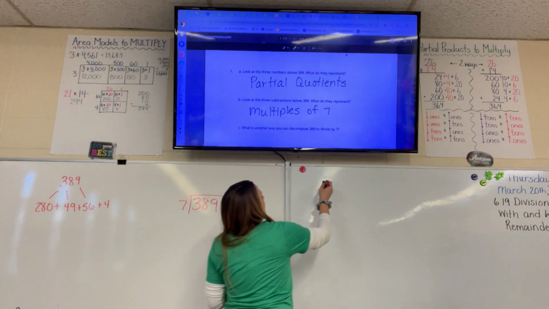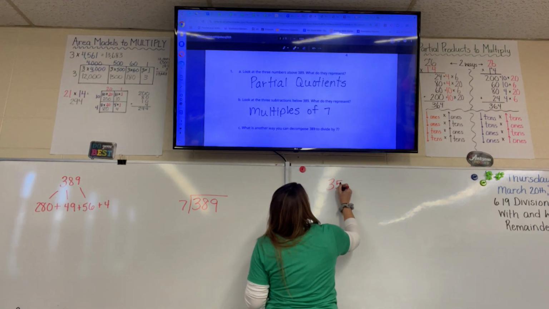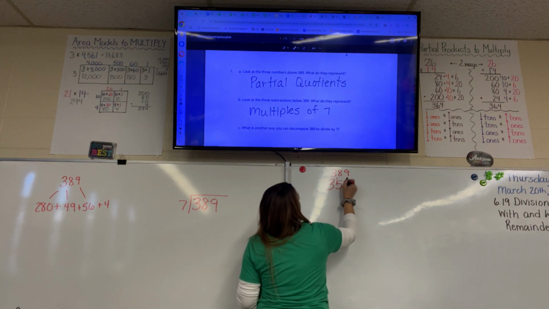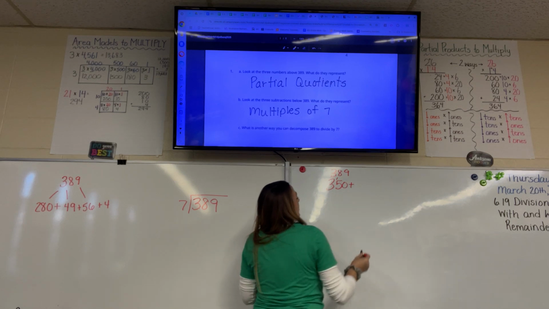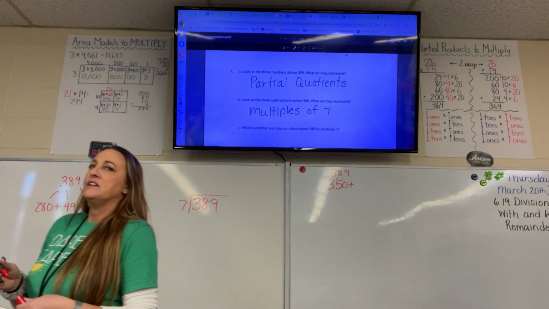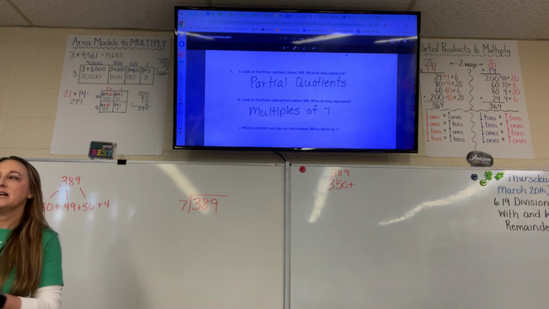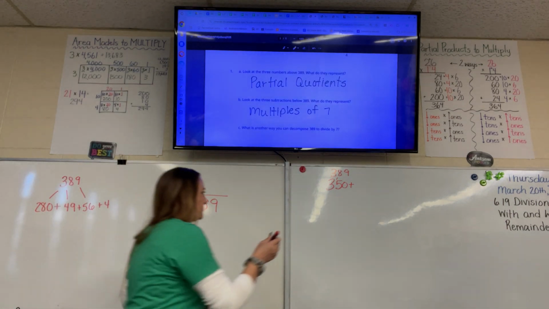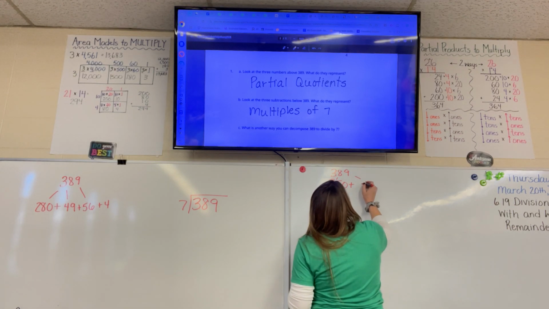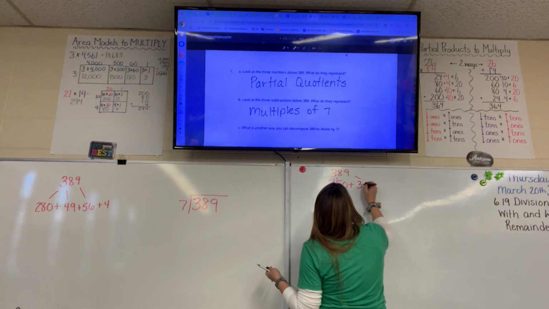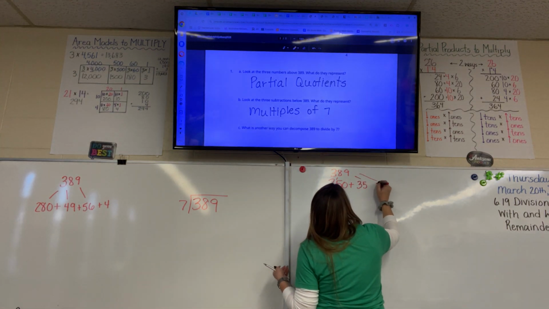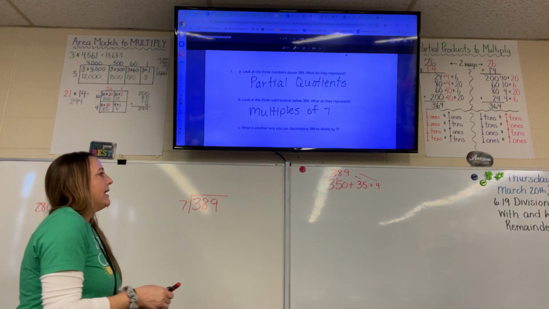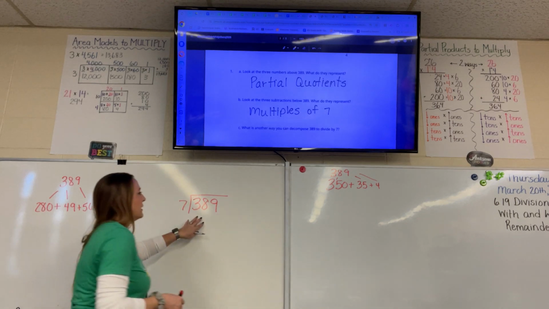So we're going to split our 389 into 350. And what do you add to 350 to get 389? 39. And since 39 isn't a multiple of 7, I'm going to do 35 and then 4. Does that make sense?